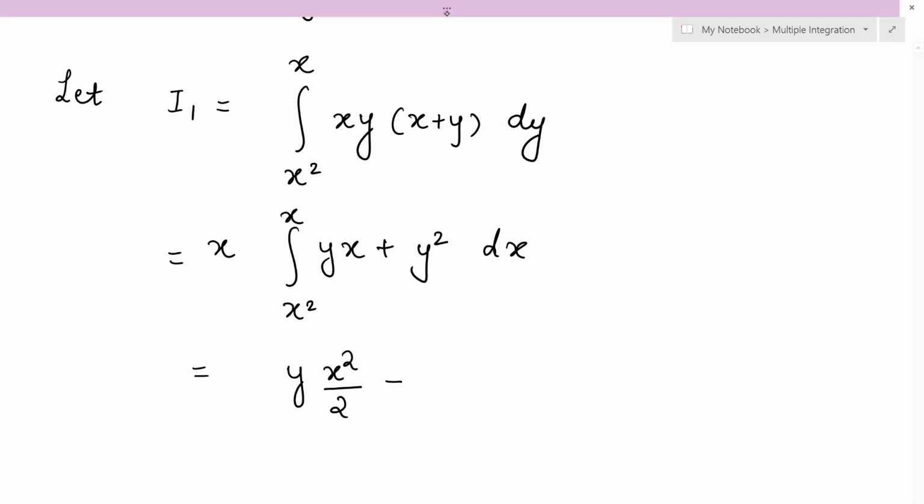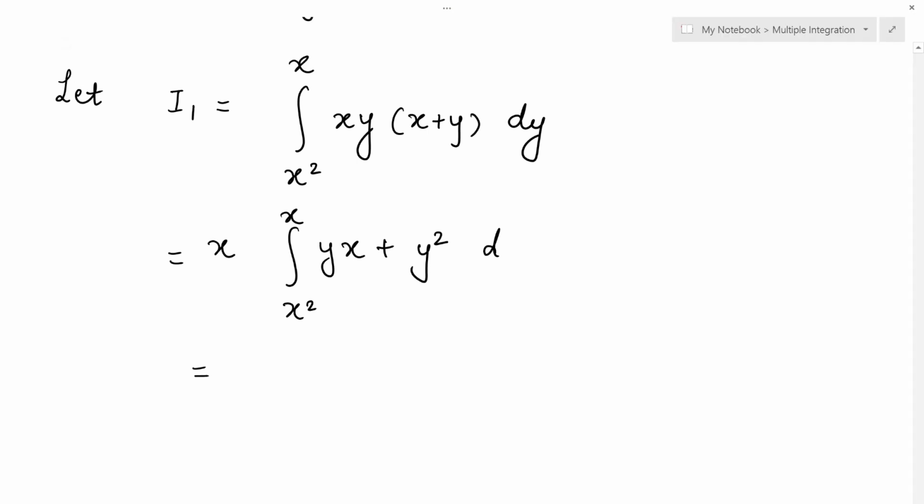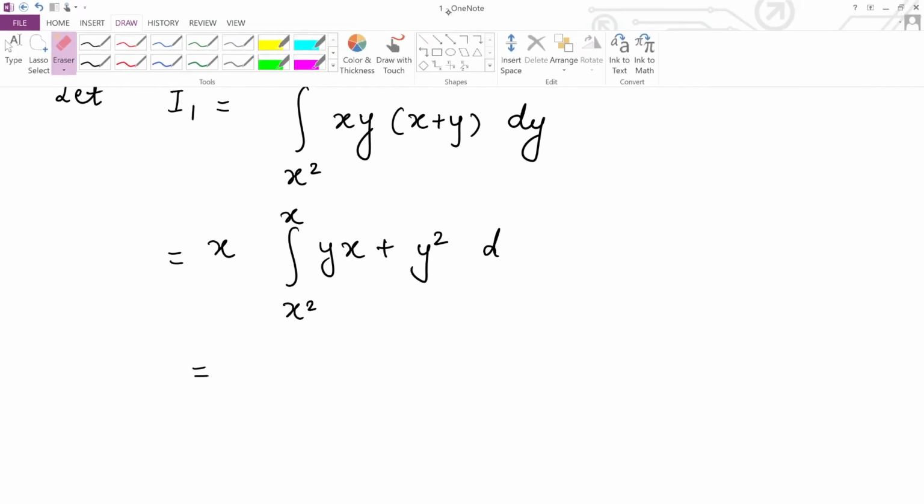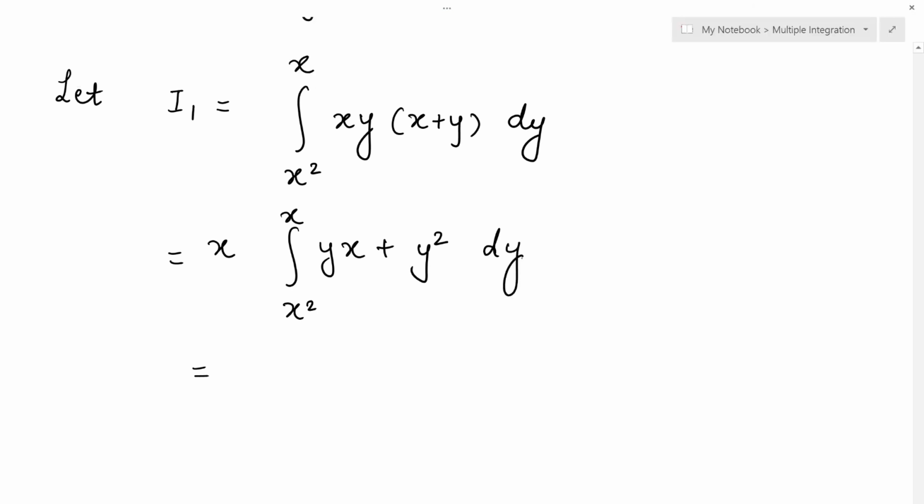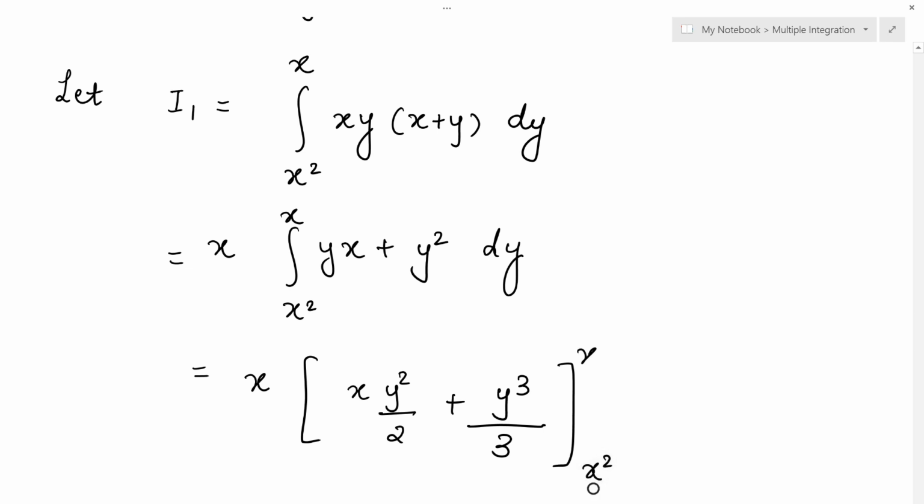Sorry, I have written dx over here by mistake. So it is not dx, it is dy. Above we have written dy. So with respect to y you have to integrate. So that will be x as it is, the integration of y is y square by 2 and integration of y square is y cube by 3. Okay, limits of integration as x square to x.